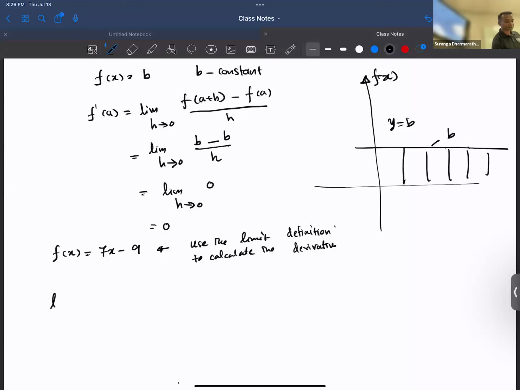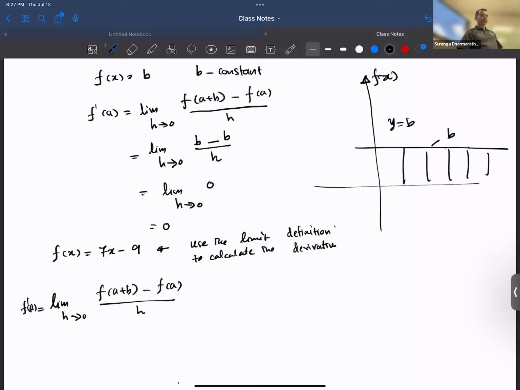So basically use this definition: limit h goes to 0 of f of a plus h minus f of a, divided by h. This is the limit derivative definition. This will give you f prime of a at any point. You can put any number for a, but you get the same answer, 7.